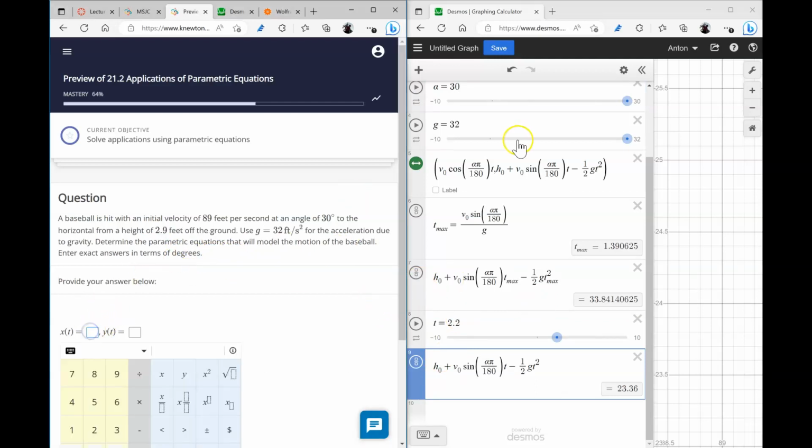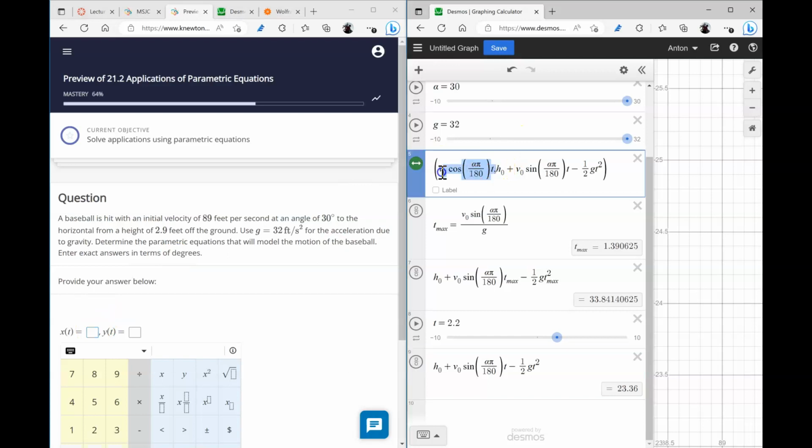So we're writing the equation. The angle is 30 degrees. V0 is 89. Here we have H0, which is 2.9 minus 16t squared.